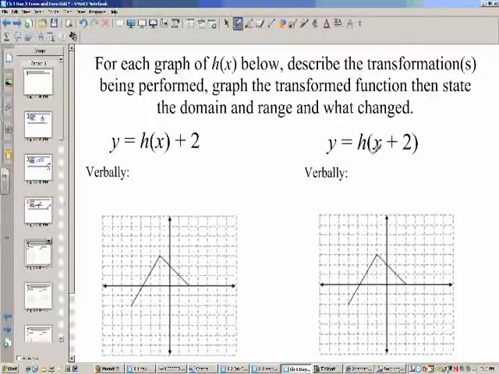Alright, now here we're going to move this piecewise function. This one translates up 2, so each coordinate I'm just going to move up 2 points. This one moves to the left 2.